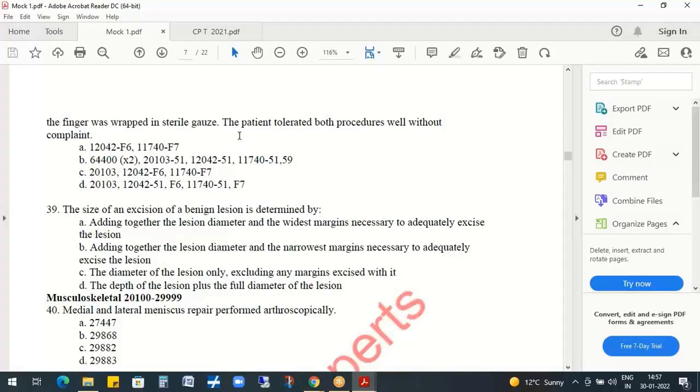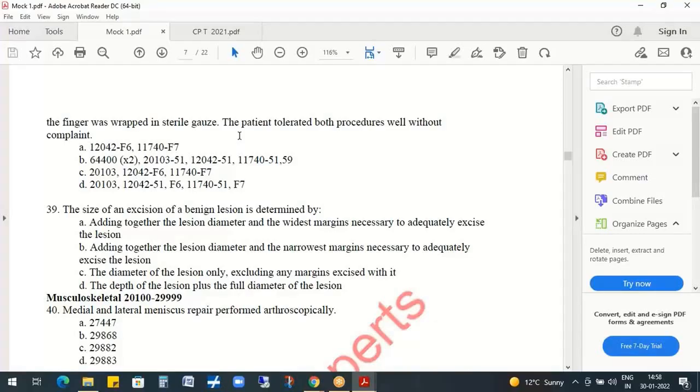Who has coded correctly here? This question, number 39. I coded, sir. B is the answer. Adding together the lesion diameter and the narrowest margin. When you are doubling the margin, you are adding the diameter.